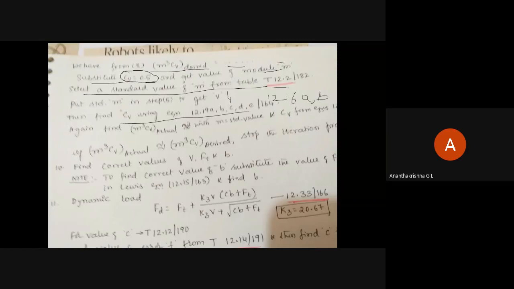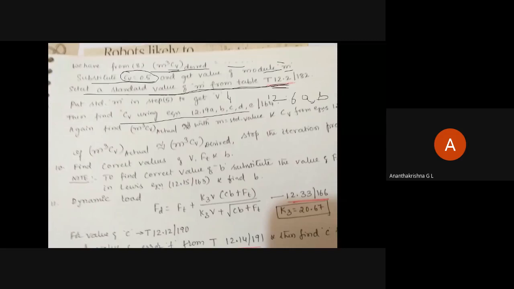Substitute Cv equal to 0.5 in this equation of m cube Cv desired, and then I am going to get the value of module m.